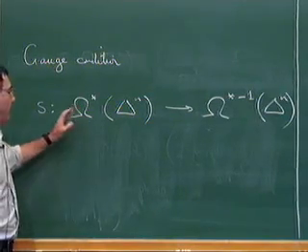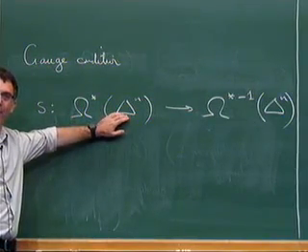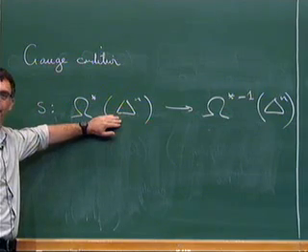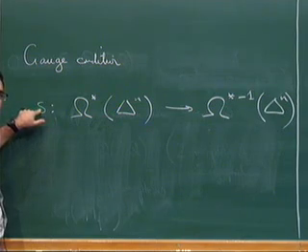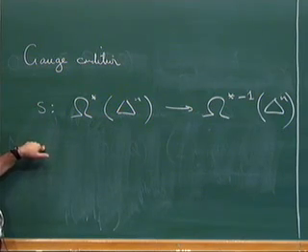So, for example, if I restrict to a face of this simplex, then the corresponding operator S goes one degree down.